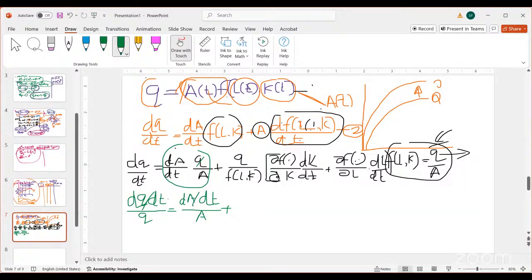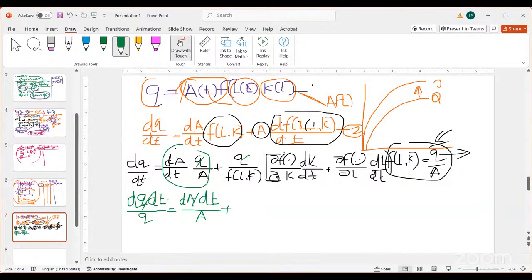Now here, when you divide by Q, this Q goes away.